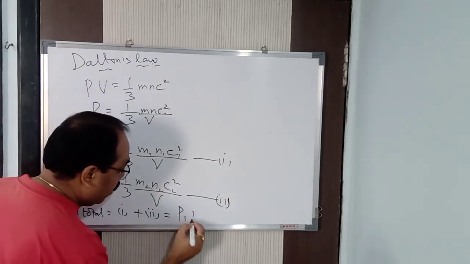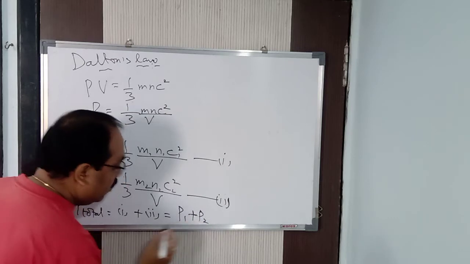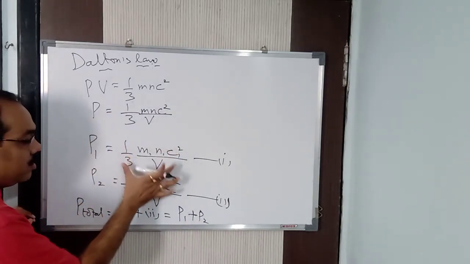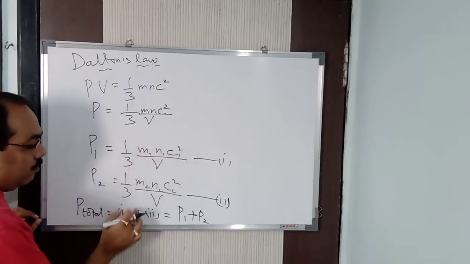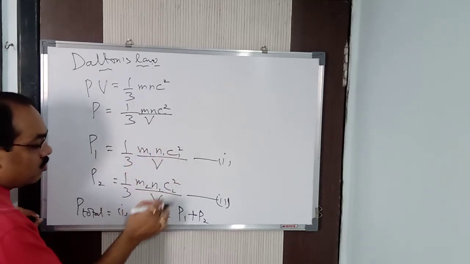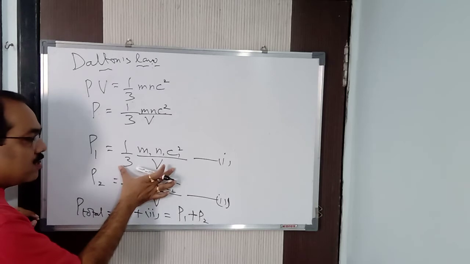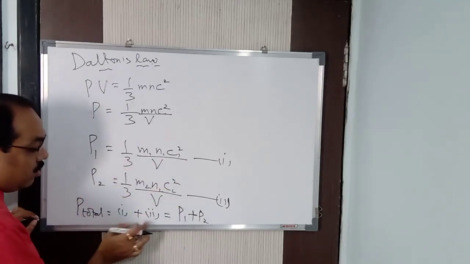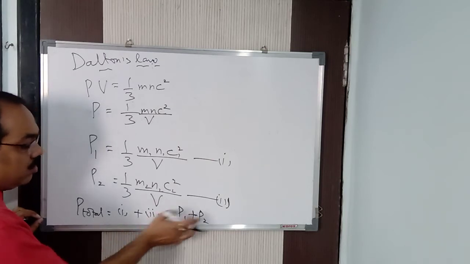I'll get P1 plus P2. What is equation 1? This 1 by 3 m1 n1 c1 square by V plus 1 by 3 m2 n2 c2 square by V. So this is equal to P1 and this is equal to P2. So P total is equal to P1 plus P2.